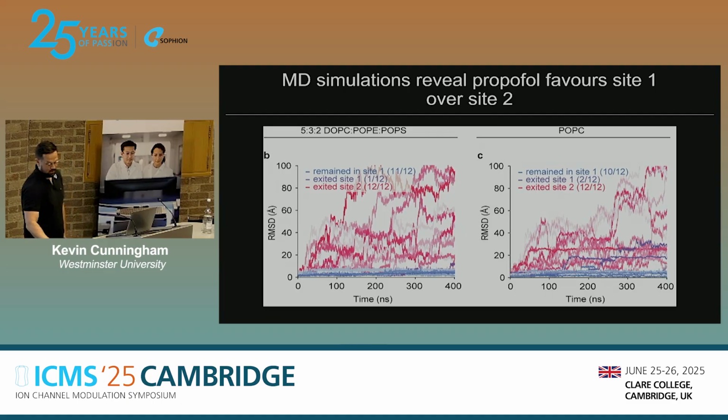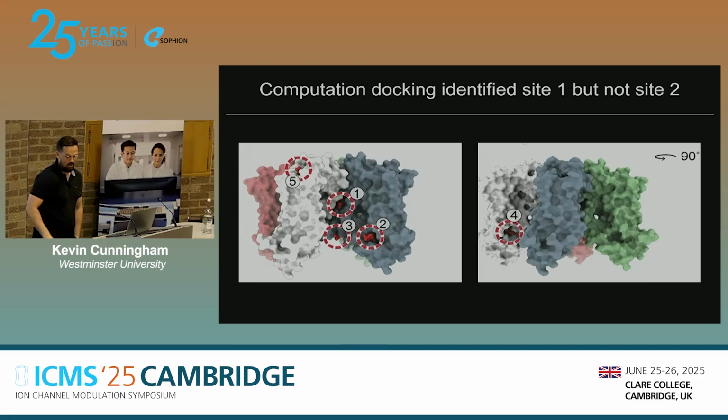We then also did some molecular docking, and this generated 5 sites for docking. And one of the key things here is Site 2 in the docking is not Site 2 from the cryo-EM structures. So the docking didn't actually go anywhere near Site 2 from our cryo-EM structures. But Site 1 is our Site 1. So again, we were happy with that in that same region.